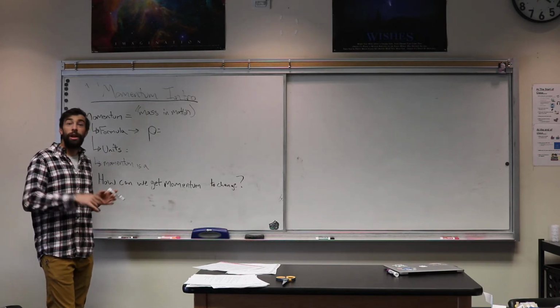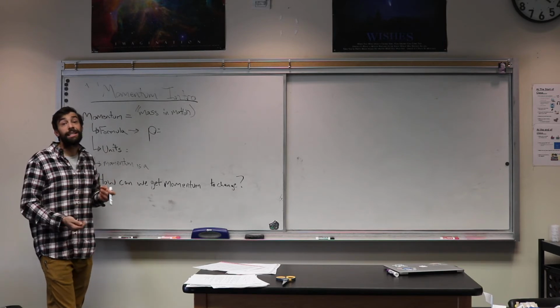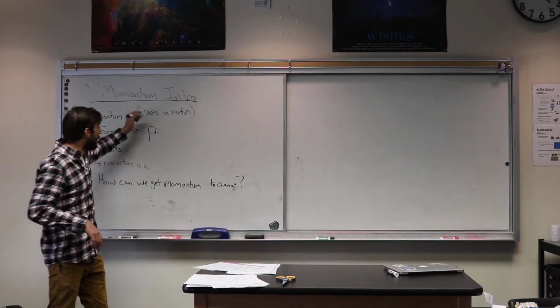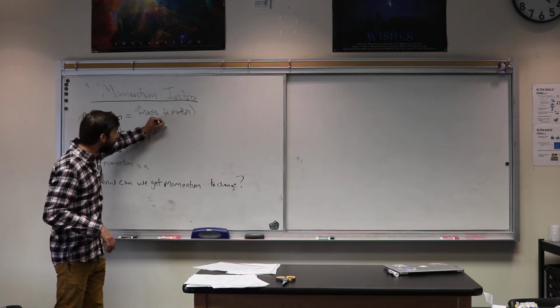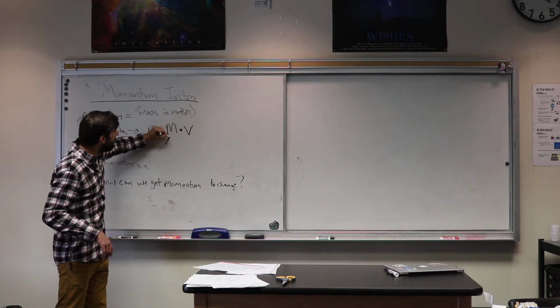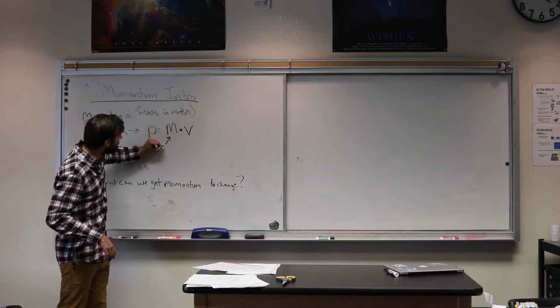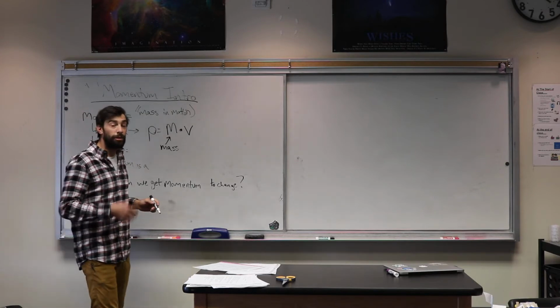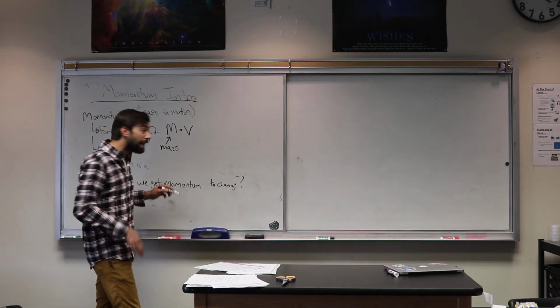It has to do with another language or something like that. They decided to use P. So P stands for momentum. And the formula is M times V. Remember, M stands for mass, and V stands for velocity, right?